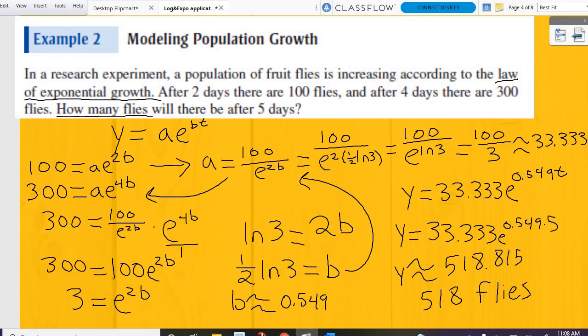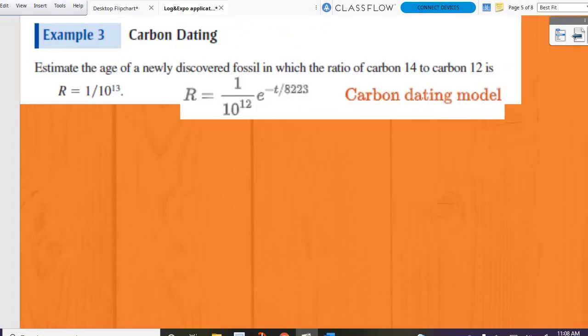Alright. Let's look at another example. We might have seen examples like this before in some of our science classes. It's on carbon dating. Carbon dating uses an exponential decay model, specifically that one. R equals 1 divided by 10 to the 12th times e to the negative t divided by 8,223.